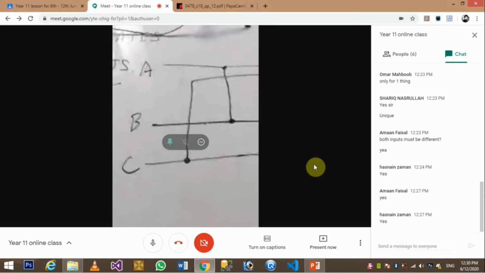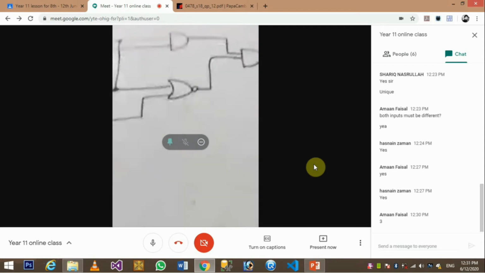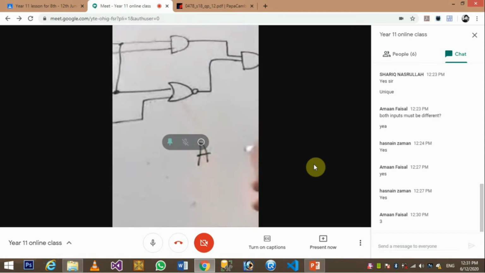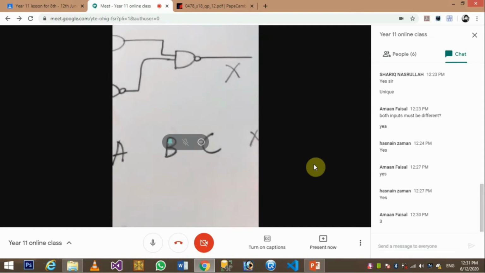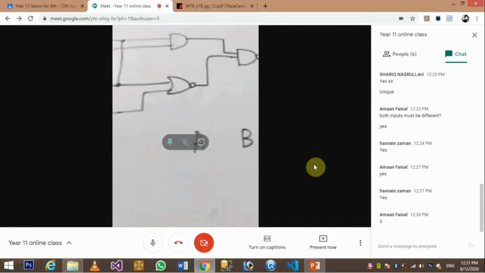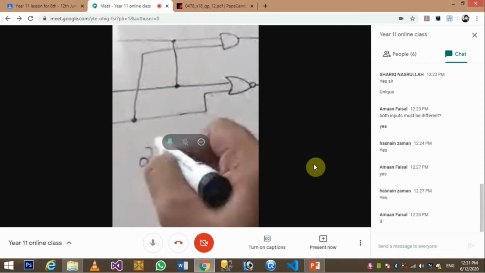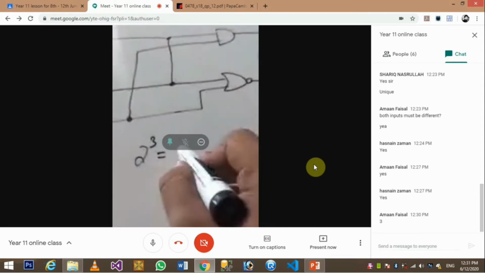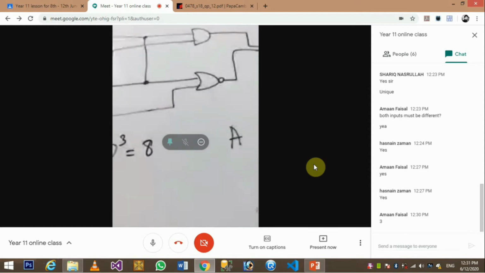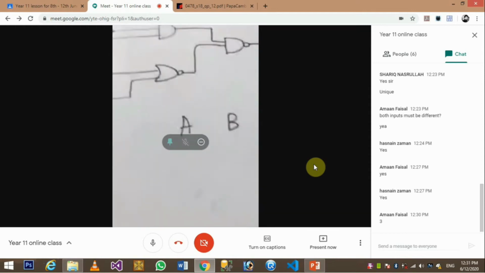How many inputs do we have? Can anybody tell me? Three. Very good. So 2 to the power 3: 2 2s are 4 and 4 2s are 8. 8 rows, 8 possible combinations.